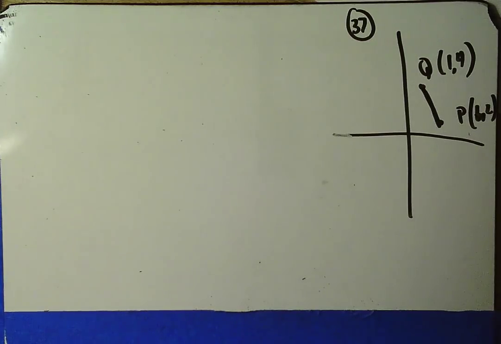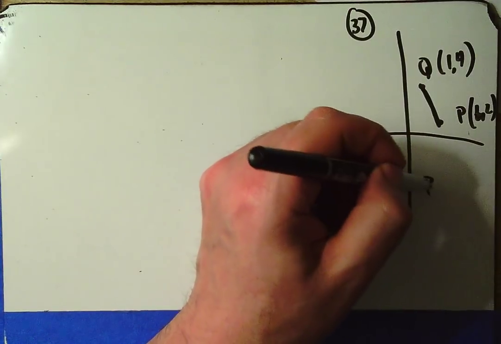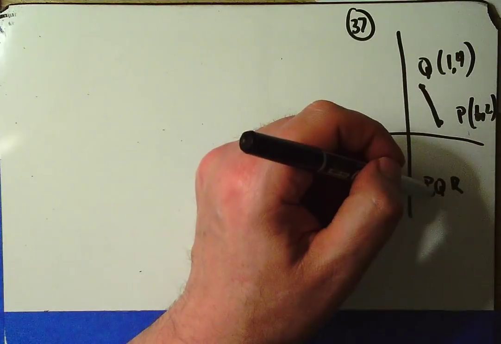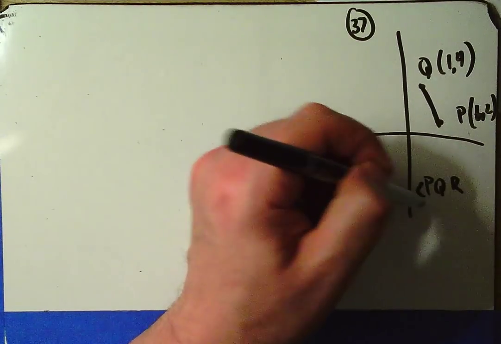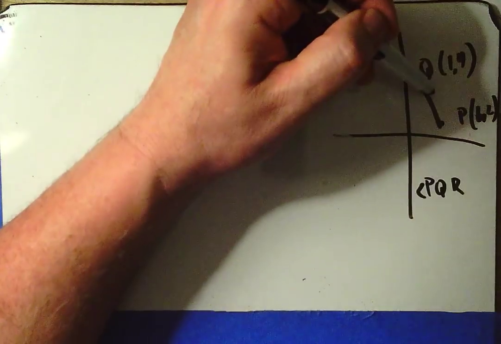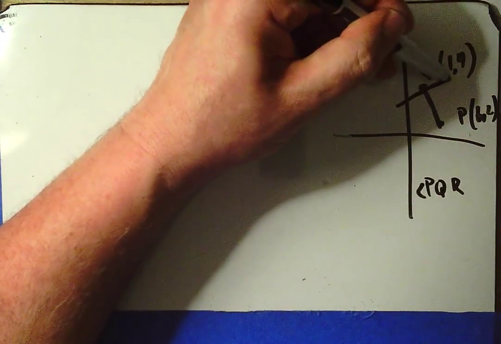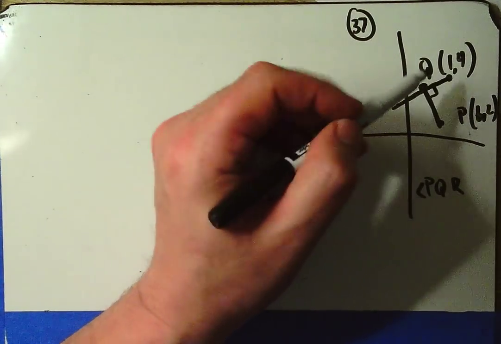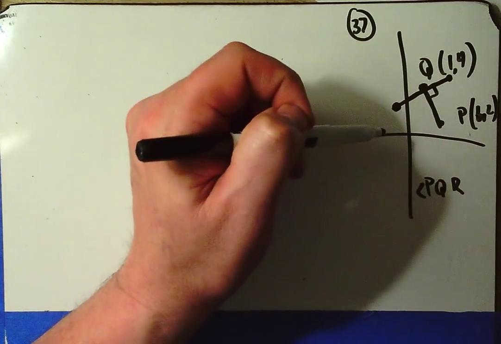Notice they call it P, Q, R. PQR is a right angle. So there's a right angle here at Q, and I could be going over here, or I could be coming back here.